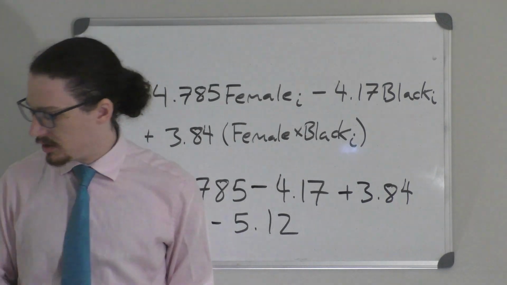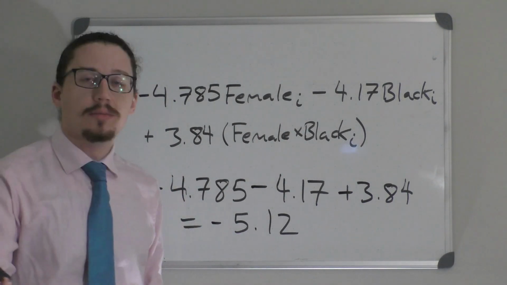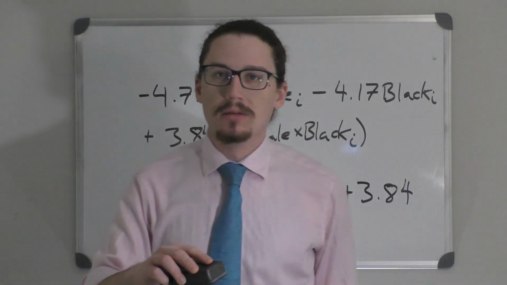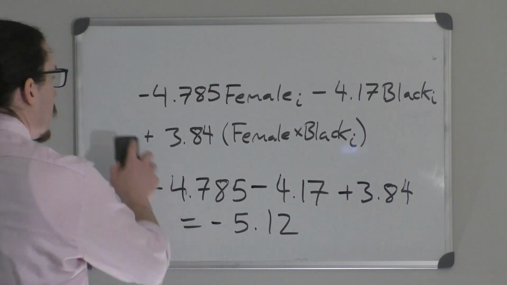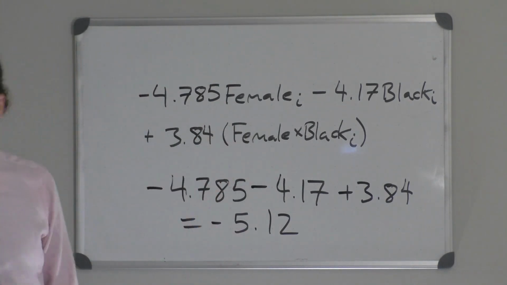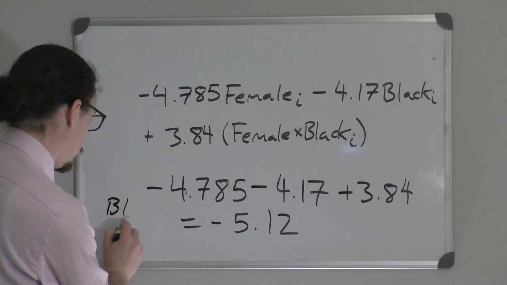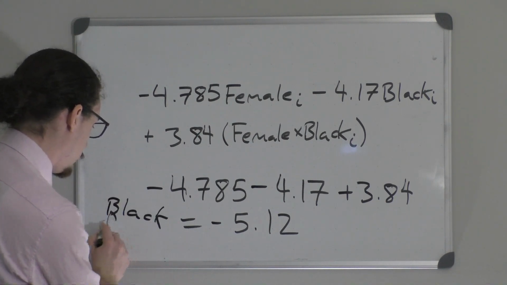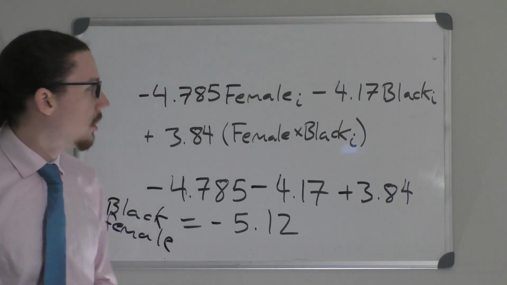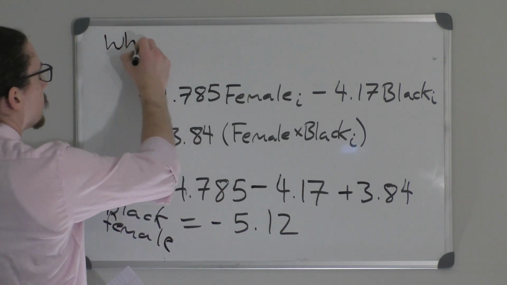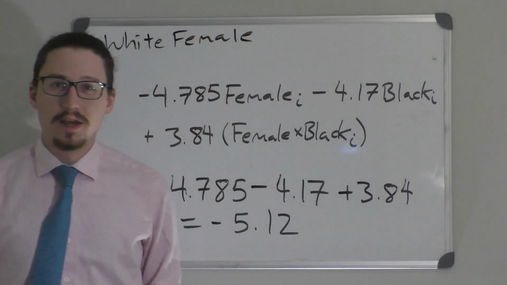But again, we have to take into account all of these segments. If we want to make some of the other comparisons, let's say we want to say, well, what's the comparison between a white female and a black female? Once again, we can just go to this. So this is the effect for being a black female.